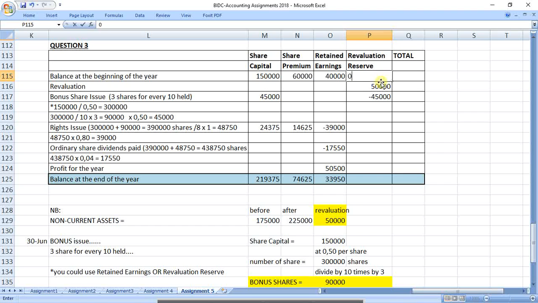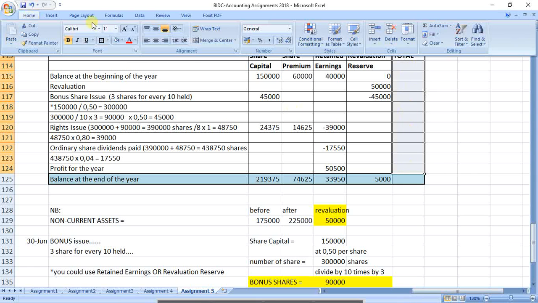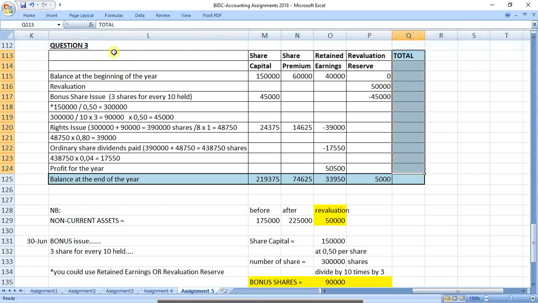Okay, reserve, you would put a 0 here. And then the sum of that, and then the totals. So this total column here at the end is the totals on the lines. This one, I'm going to sum up these three, and then I'll sum that up for all of them.